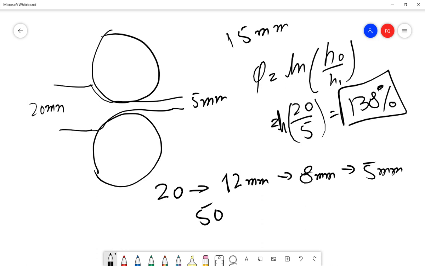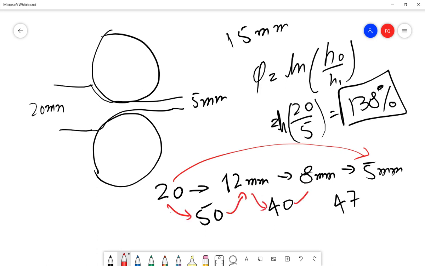And then I can do this, which is almost 40%, and then this is almost 47%. So overall we are getting this reduction, but step by step.